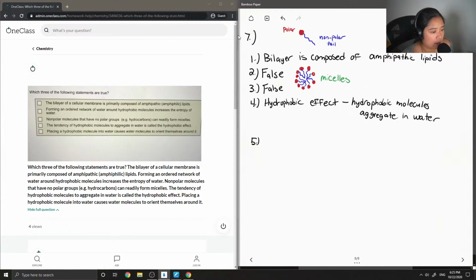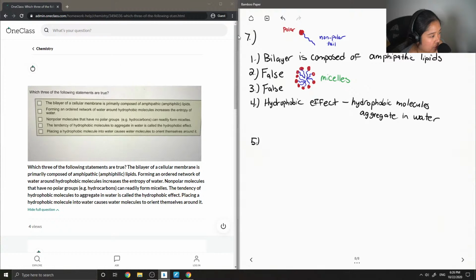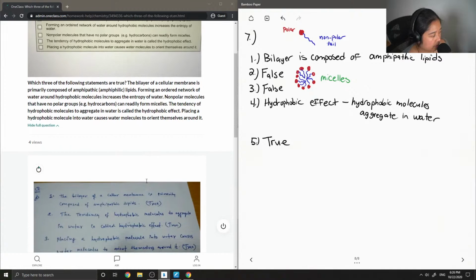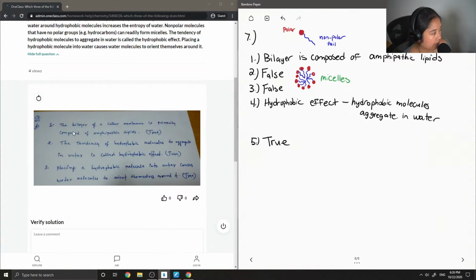And then lastly, for 5, placing a hydrophobic molecule into water causes water molecules to orient themselves around it. So this is true. Okay, so let's look at the answer from our junior tutor. The bilayer of a cellular membrane is primarily composed of amphipathic lipids.